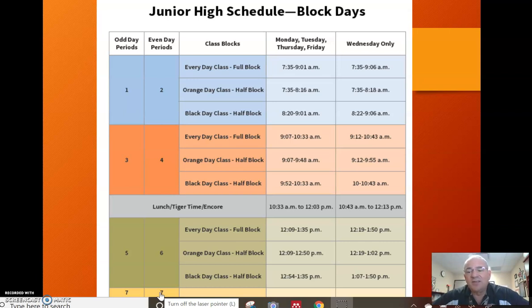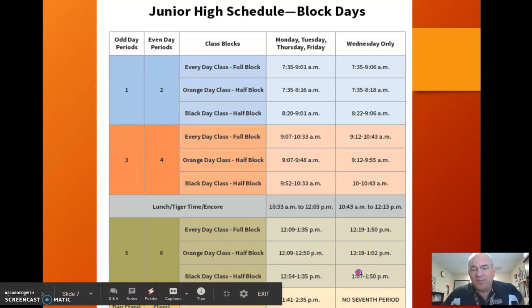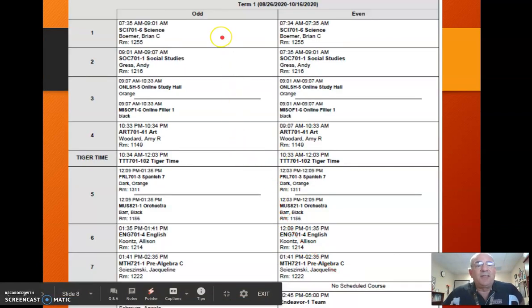This is a way that we can get online students working, then work with the in-person students, and go back and forth while also providing a lesson to both at the same time, either asynchronously, which means they can watch the video whenever they want, or synchronously, which means we'll watch the teacher live, all of us at the same time. So that is what the block schedule looks like. This is what it will look like on a piece of paper.